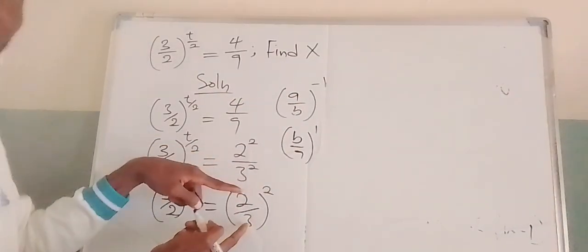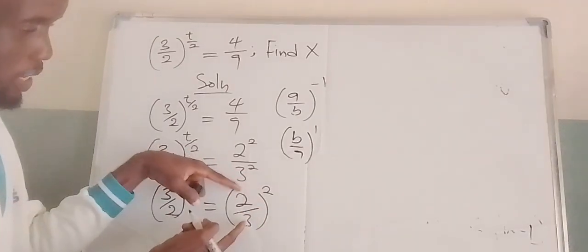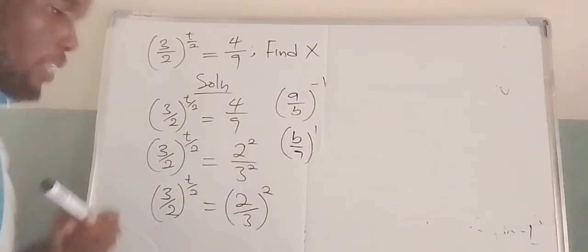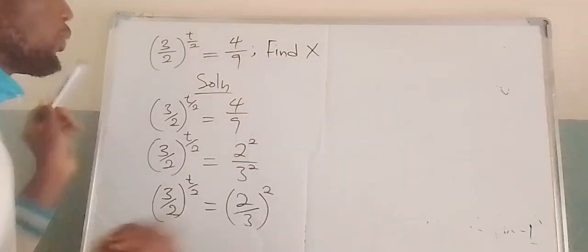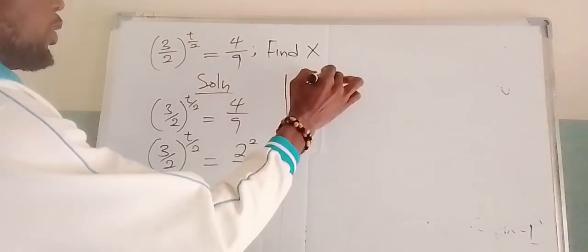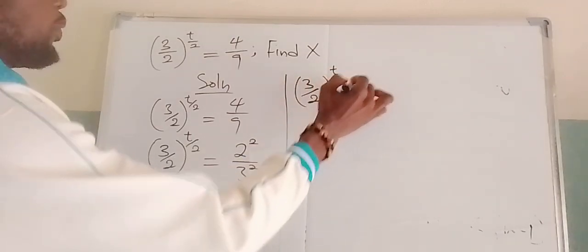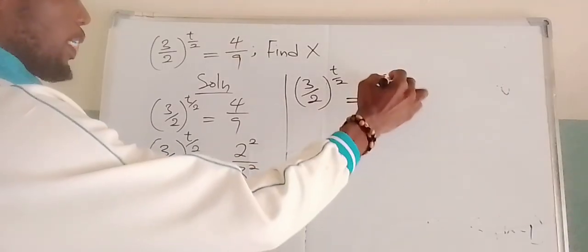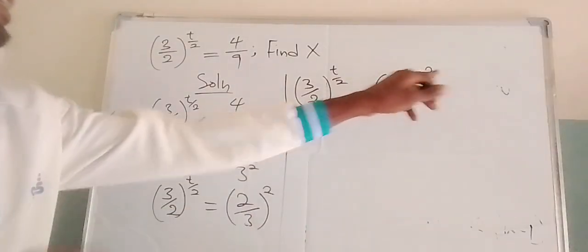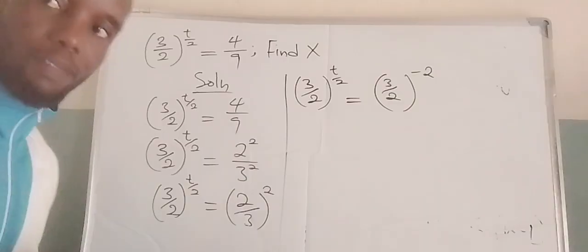We turn this fraction upside down, and then negate the power, so the power now becomes negative. That means we have (3/2) raised to x/2 equals (3/2) raised to minus 2. This is what I was saying: I flipped it, so the power now carries a negative sign.